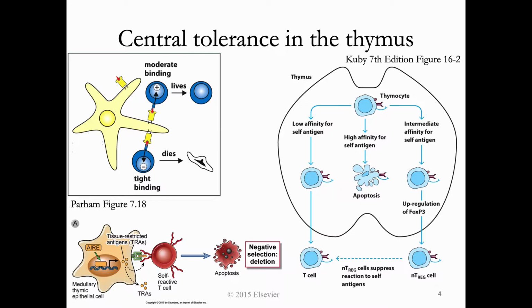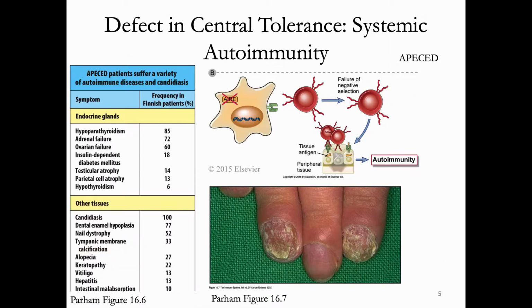When a patient has a mutation so that central tolerance gets messed up, they have a big problem, because they don't just have one autoimmune disease, they will have multi-organ autoimmune diseases. They'll have multiple autoimmune diseases at the same time. I've shown you one example of this previously.